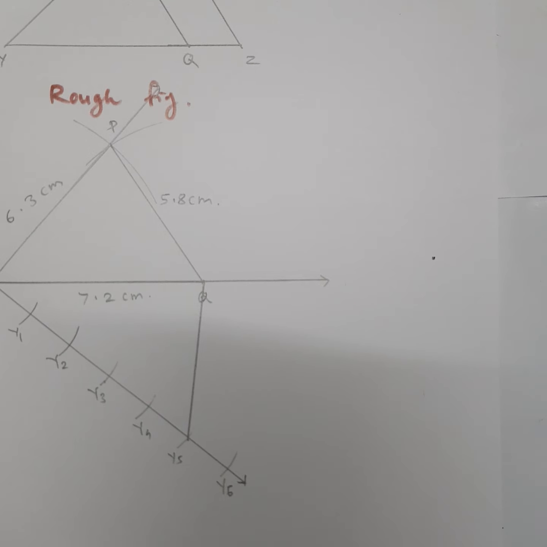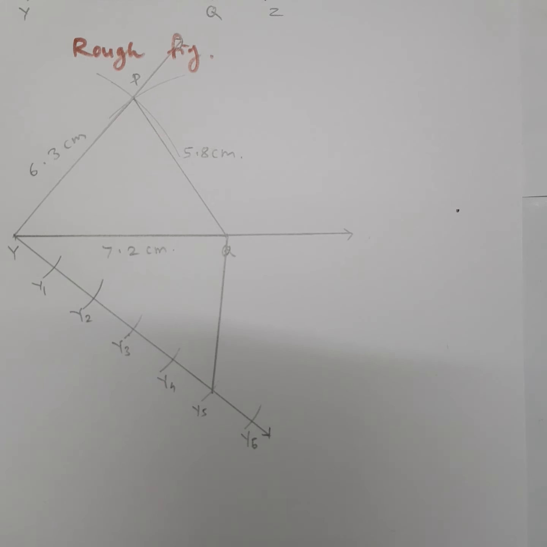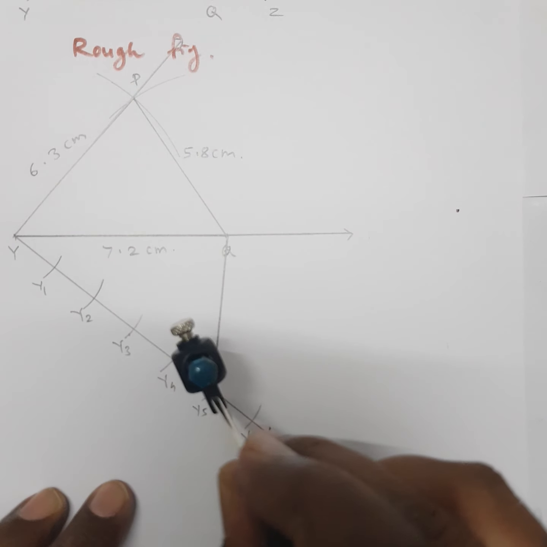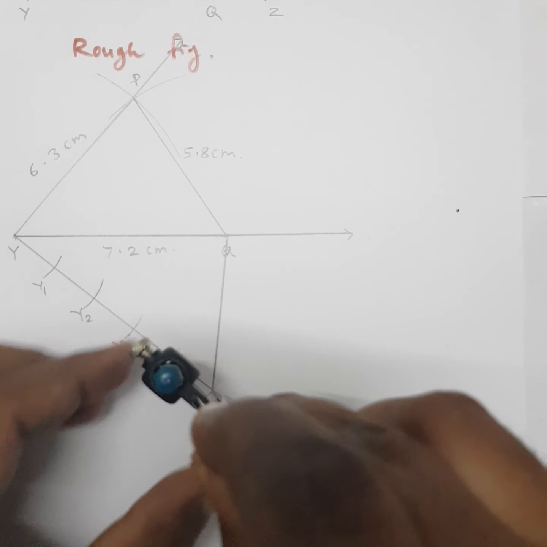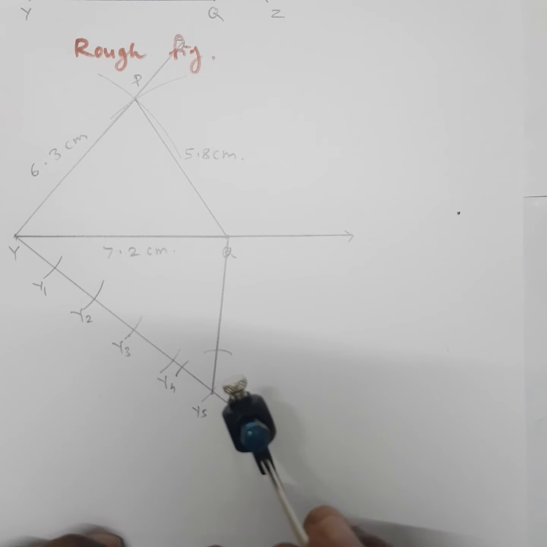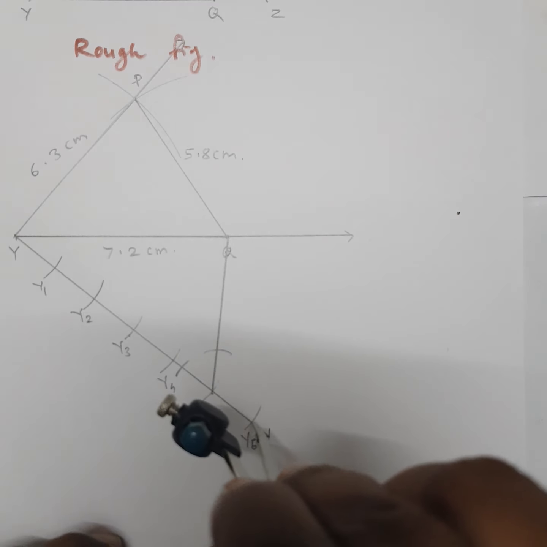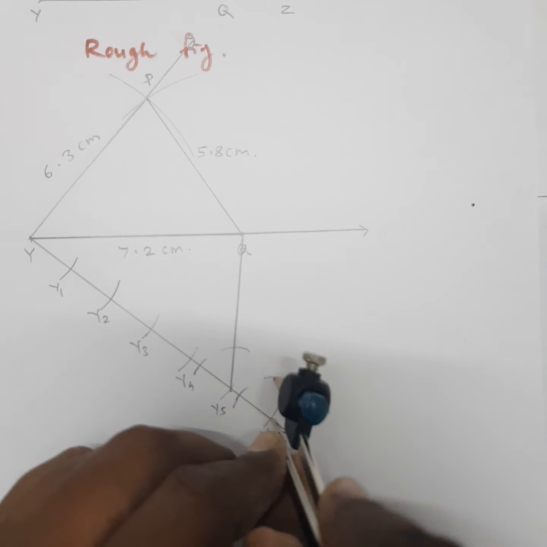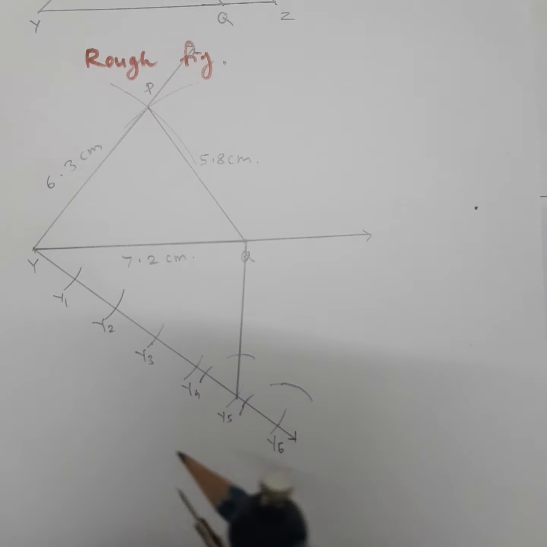Now construct congruent angle of angle Y5 at point Y6. Two arcs, same two arcs at point Y6.